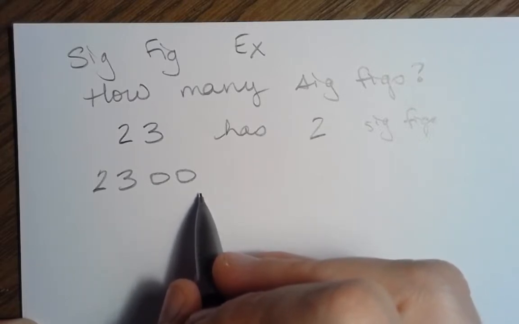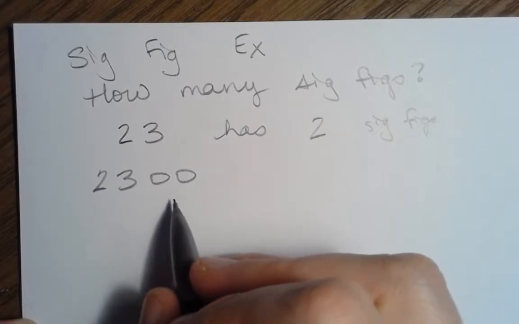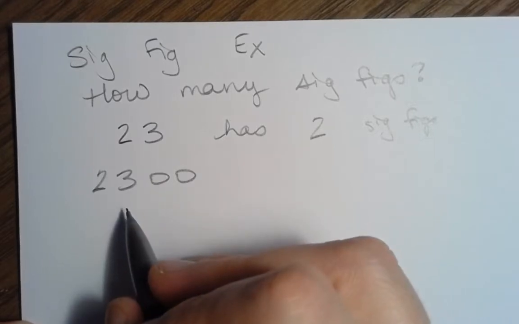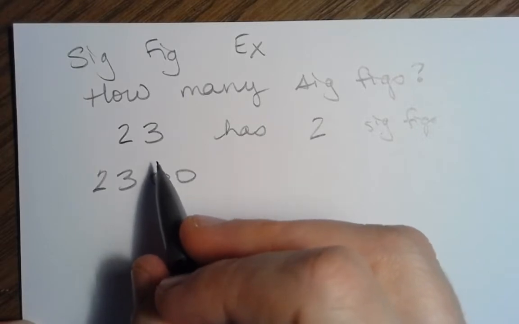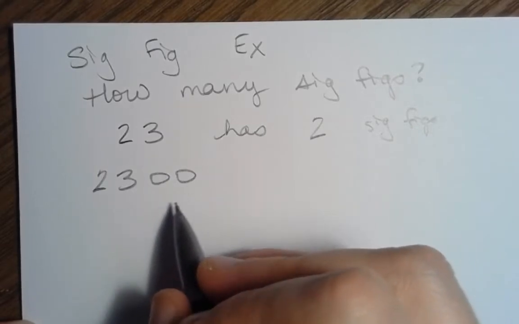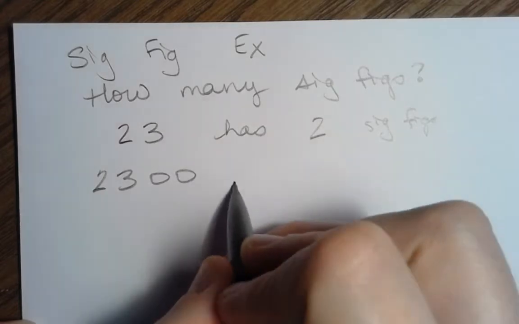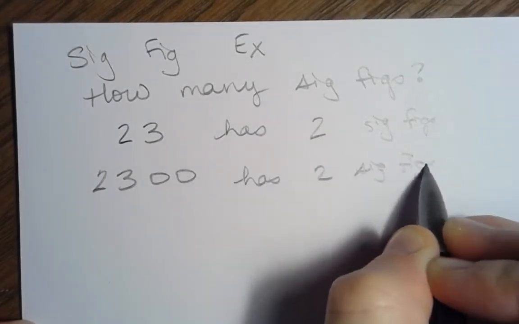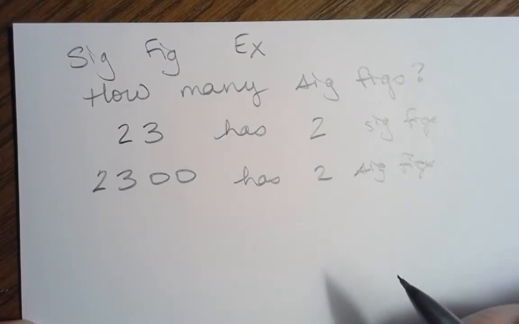There's no decimal written there. These zeros are placeholders. They tell us how big this is. 23 is different from 2,300. This is a big number, this is a smaller number, but these zeros, that tool couldn't measure. That also has 2 sig figs.